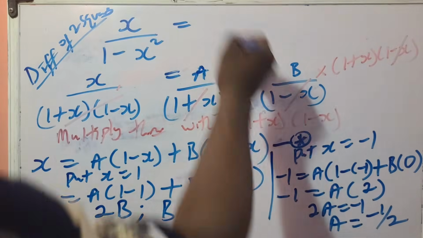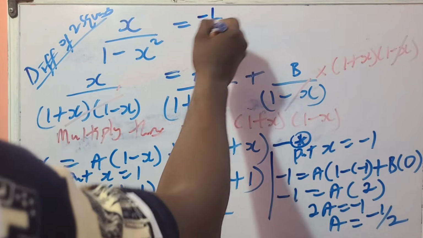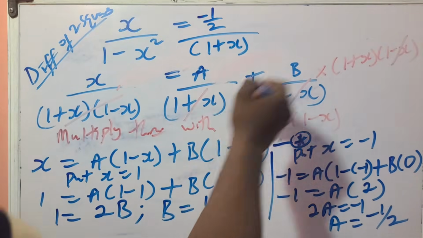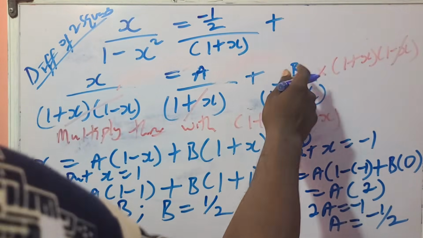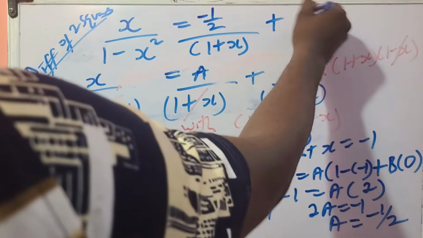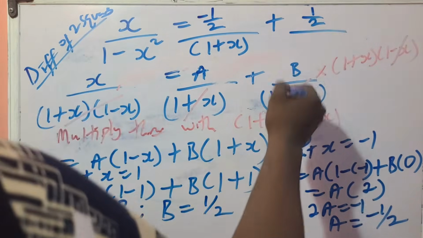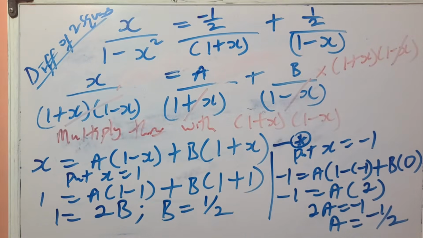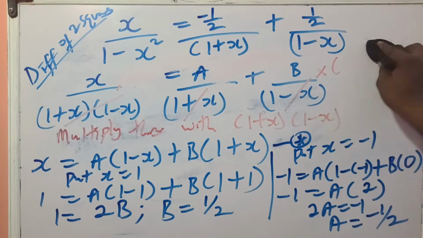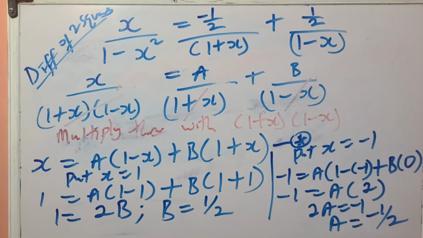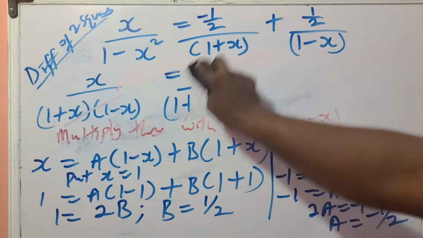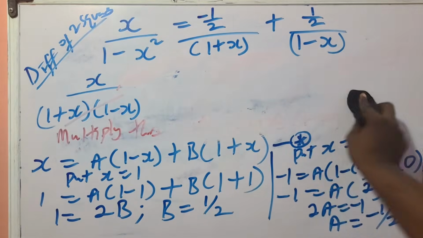That means I'll be having minus 1 over 2 all over 1 plus x plus, b is 1 over 2, 1 over 2 all over 1 minus x. All right. So this is exactly the final answer, but you can obviously make this much more mathematical where you have to bring those values down.